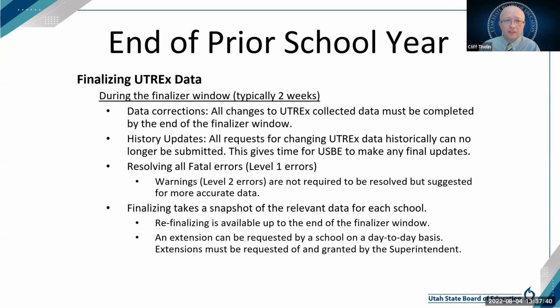And any errors that you have, which are fatal errors, the level 1 errors, those all have to be resolved before you can complete your finalizing. The warnings, the level 2 errors, are not required to be resolved, but are still suggested to be more accurate.